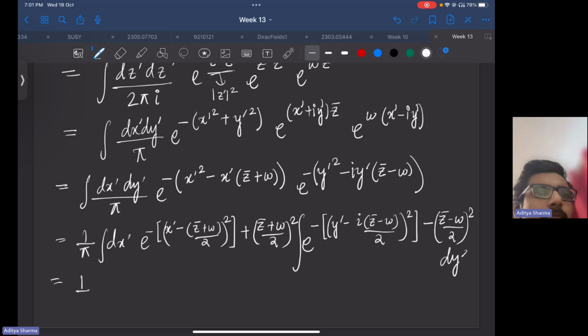Therefore, we get square root pi by a, which is a square root pi.